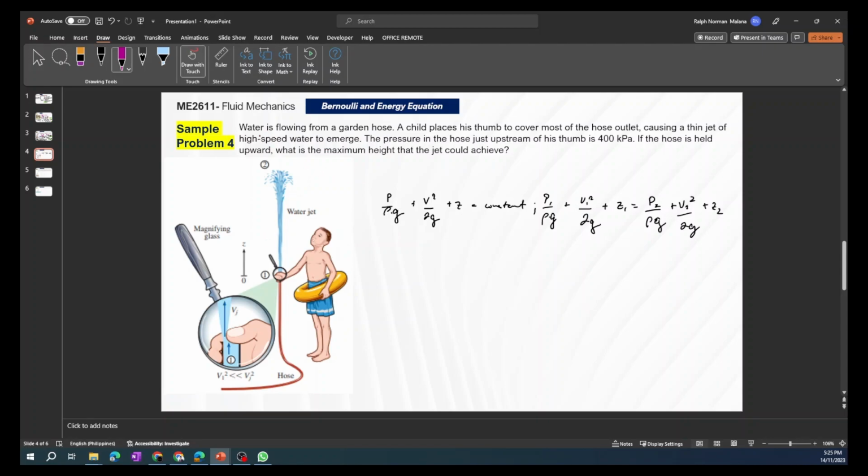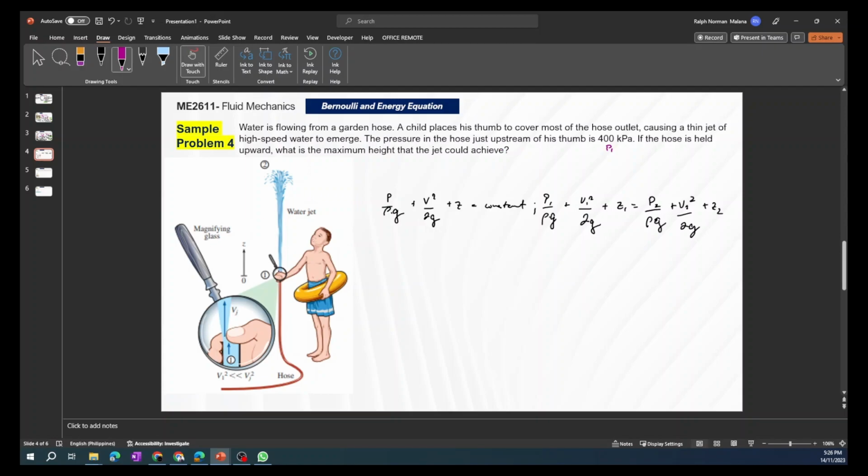So water is flowing from a garden hose, and a child places his thumb to cover most of the hose outlet, causing a thin jet of high-speed water to splash. And the pressure in the hose just upstream of his thumb is 400 kilopascals. So that will be our P1. And if the hose is held upward, we're being asked what is the maximum height that the jet could achieve.